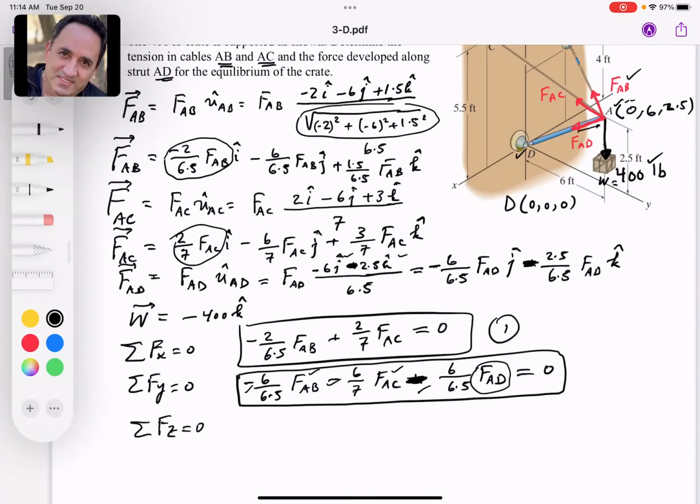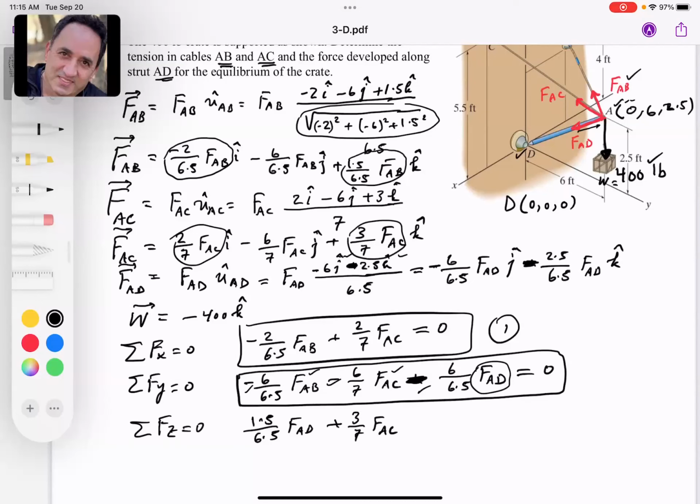All right, in the Z direction, guys, we have a 1.5 over 6.5 FAB, right? That's this guy right here. From AC, we have a positive 3/7 FAC.